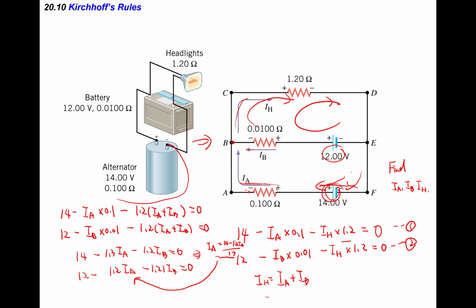Twelve minus 1.2, 14 minus 1.2 IB over 1.3 minus 1.21 IB equals 0.